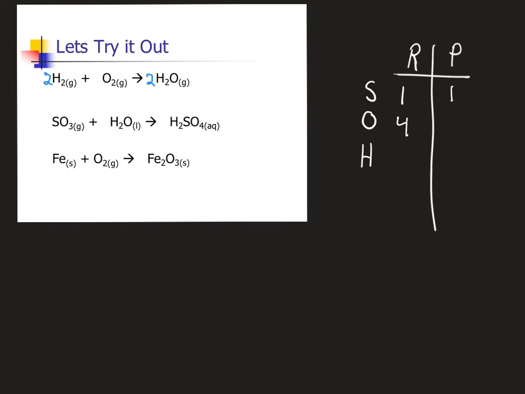And then I also have 4 on the product side, as it's attached to the sulfate ion. My hydrogen is 2 and 2, and lo and behold, it's already balanced for us. Yay! But sometimes if we didn't look at it, or you might be able to look at it and count beforehand, but it is kind of there.